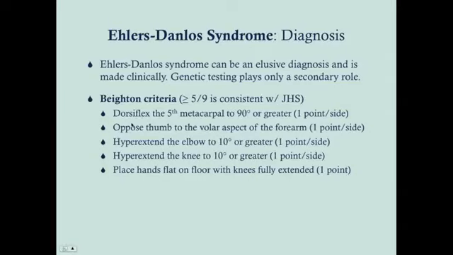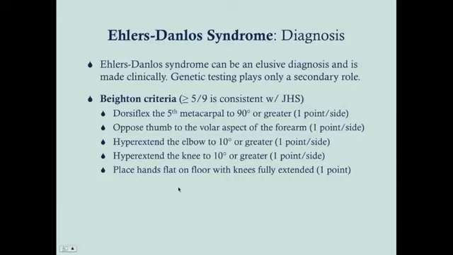You can dorsiflex the 5th metacarpal to 90 degrees or greater. You can oppose the thumb to the volar aspect of the forearm, and that's again 1 point per side. If you can hyperextend the elbow to 10 degrees or greater, that's 1 point per side. Hyperextend the knee to 10 degrees or greater, that's 1 point per side. And then if you can place the hands flat on the floor with the knees fully extended, that's 1 point.